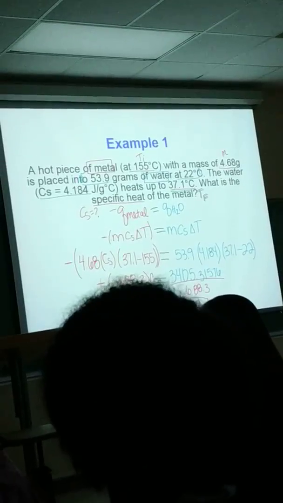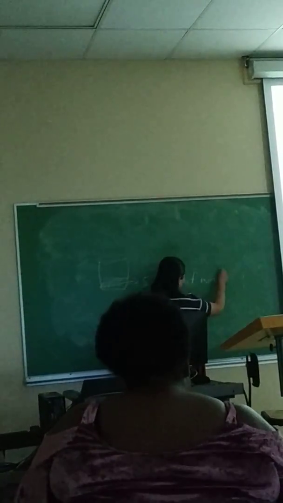Alright, so here is the thing: you have this cup, and how much water is in there? 53.9 grams of water, right? Alright, so you have 53.9 grams of water. It was at 22 Celsius degrees.